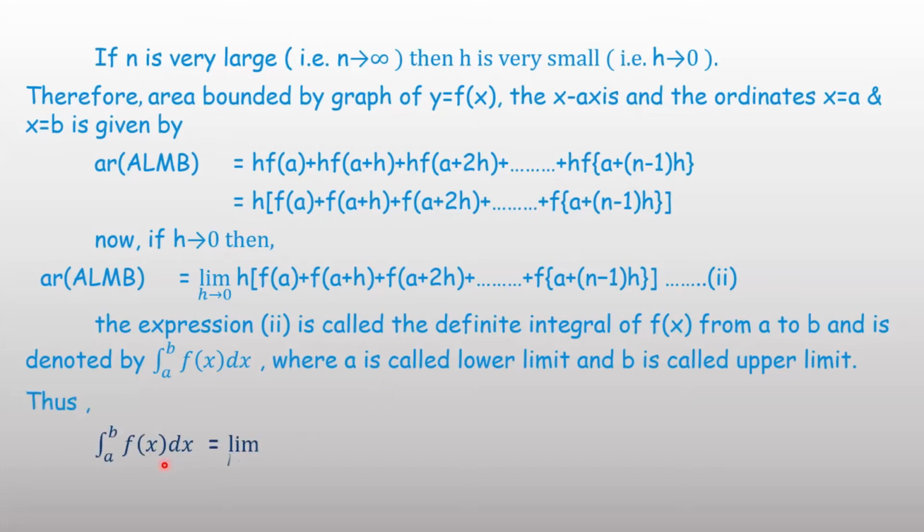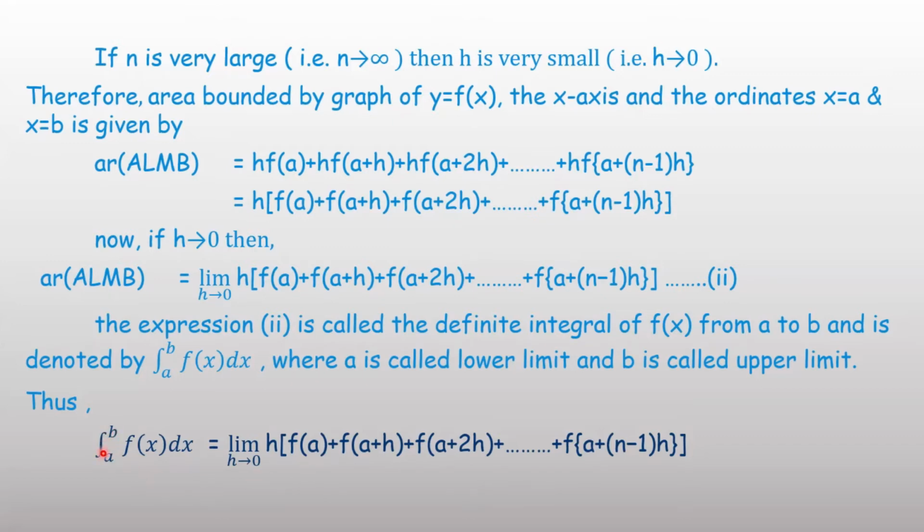Therefore, we can write the integral from a to b of f(x) dx equal to the limit as h tends to 0 of h times [f(a) + f(a+h) + f(a+2h) + ... + f(a+(n-1)h)]. That is known as the formula to find the area under the curve and the x-axis from x equal to a to x equal to b using the limit of sums.